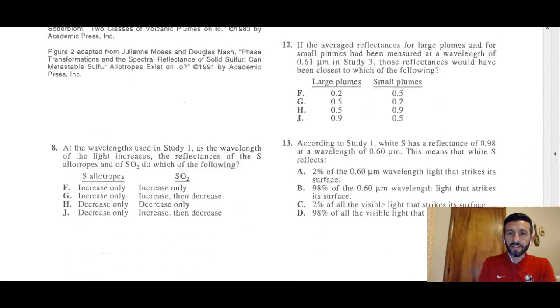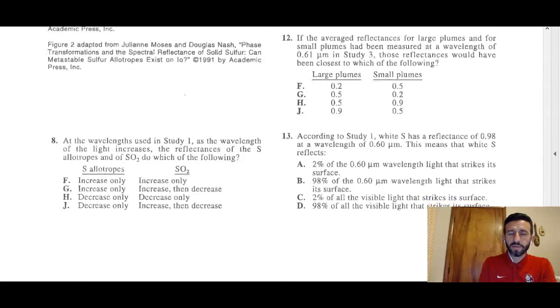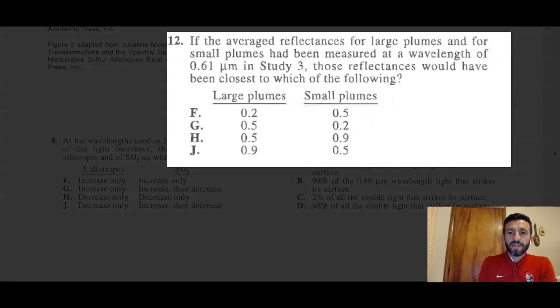All right, let's look at our last couple of questions here. If the average reflectances for large plumes and for small plumes had been measured at a wavelength of 0.61 weird letter M in study 3, those reflectances would have been closest to which of the following?